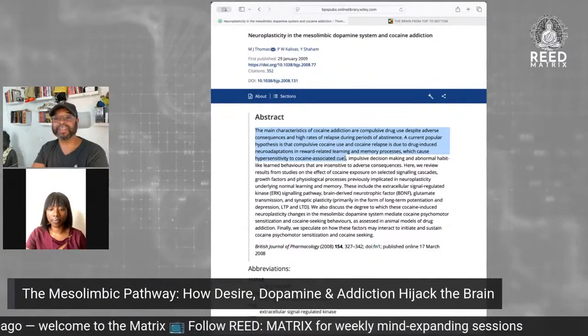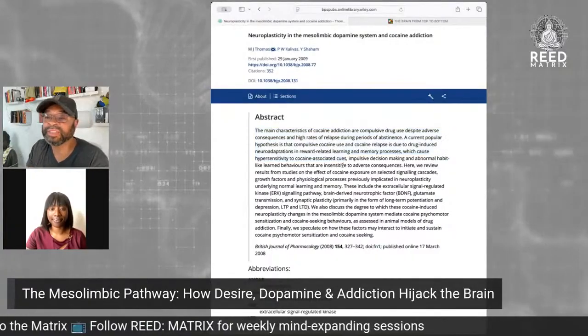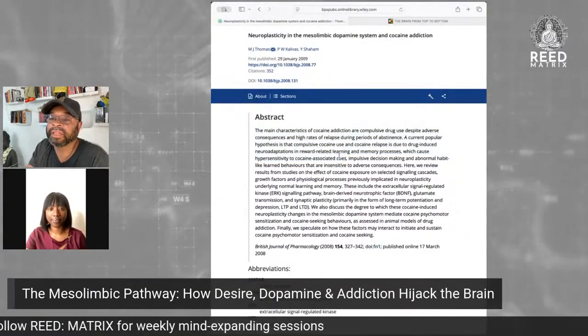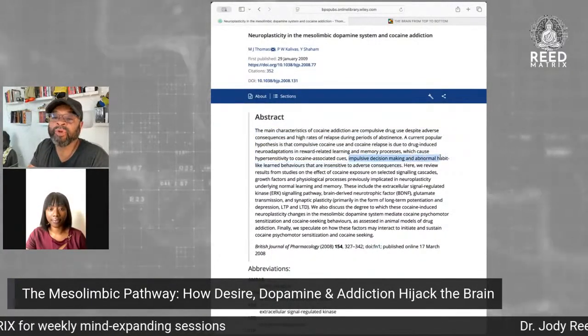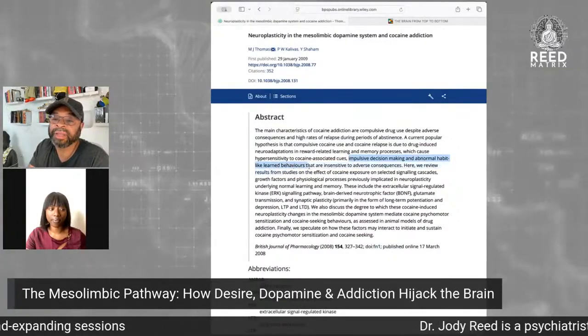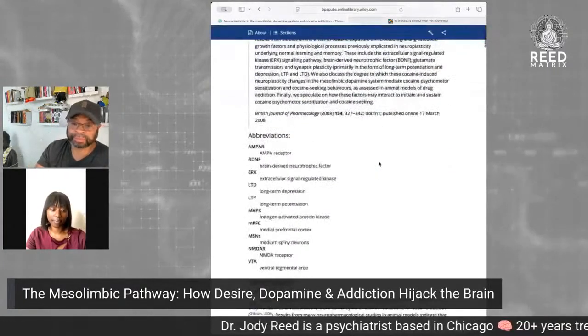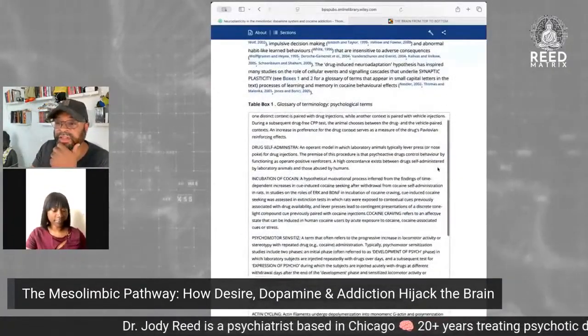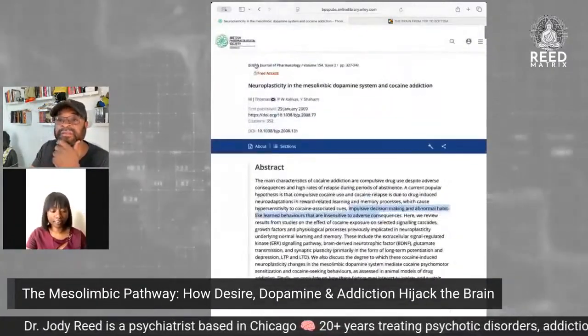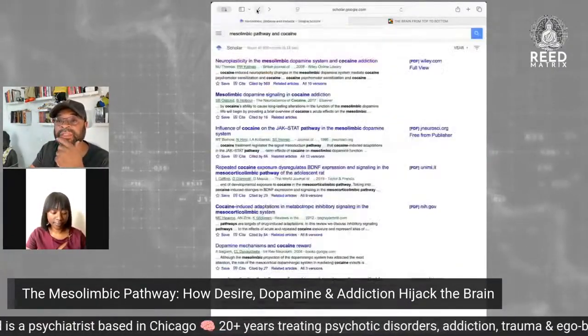That's a lot to say in one sentence. Impulsive decision making and abnormal habit-like learned behaviors that are insensitive to adverse consequences. I read a different study that explained this. The language is very complicated.